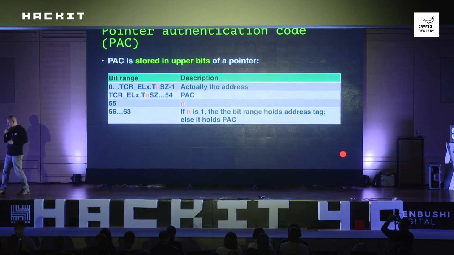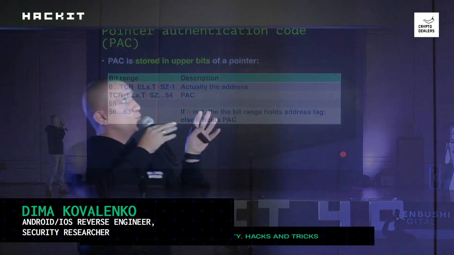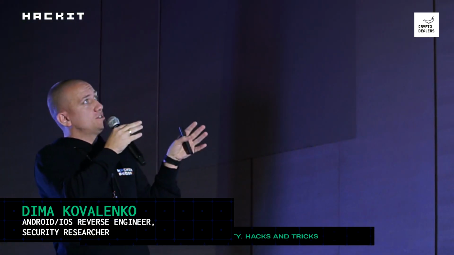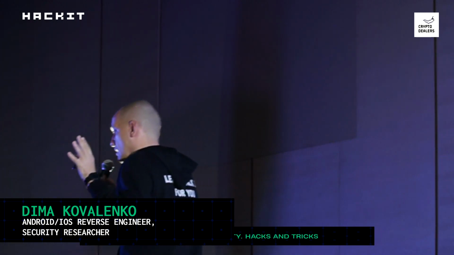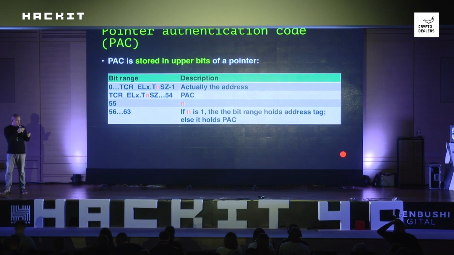TCR_LXTNSZ-1. This is actually the range from the address. And we can use upper bits to store a pointer identification code.